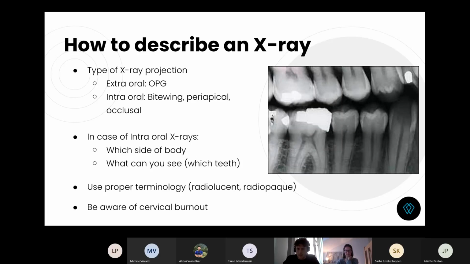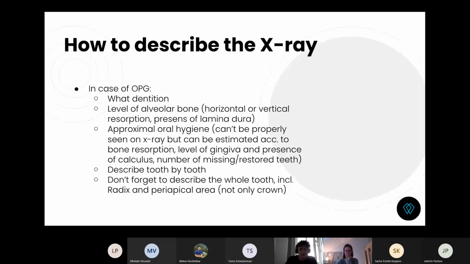And it looks a bit like caries, because it's a radiolucent area in the dentine. But if you see that it's on all the lower teeth in the same way, then it's just this effect from the X-ray imaging technique that's called cervical burnout. So always be aware of this, so as not to say there's caries when there is none. Next slide.